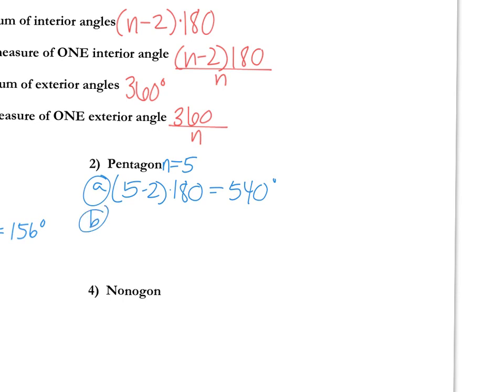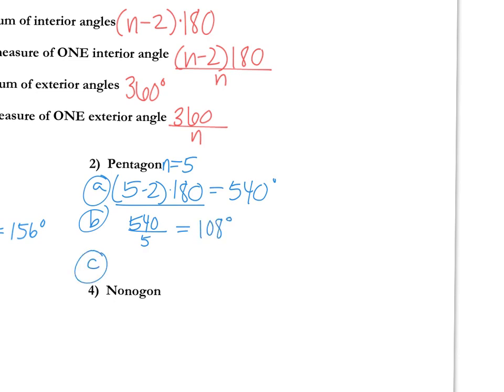We take the sum and divide it by n. So we have 5 minus 2 times 180, which is 540, divided by 5. And that is equal to 108 degrees. So each interior angle is 108.